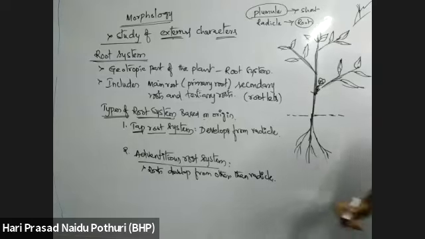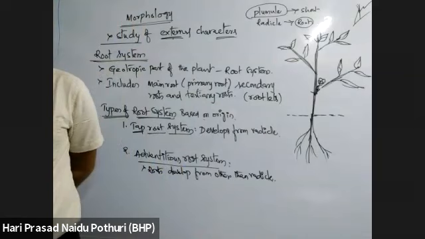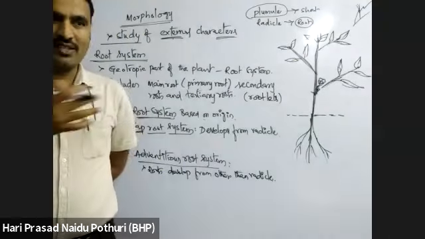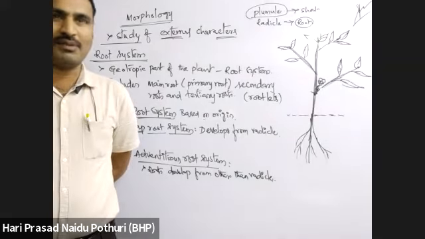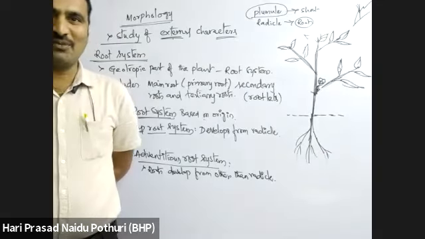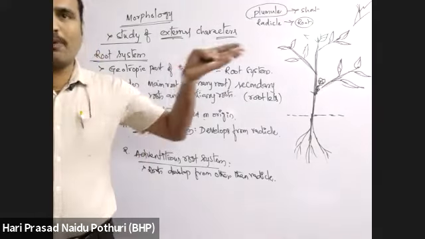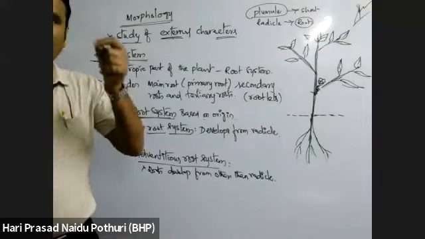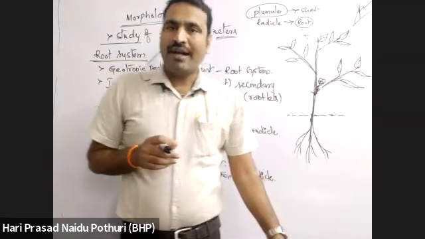Take an example, banyan tree. In morphology, we are discussing many examples, all examples. I will try to learn the Tamil names of plants. Okay, English names already. In the banyan tree, there are large branches. As the branches are very large in size, from those branches there is development of some roots which become attached to the soil.